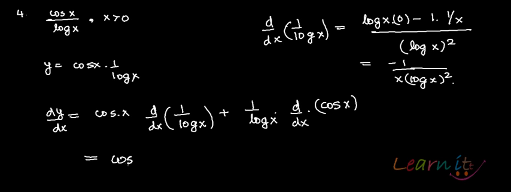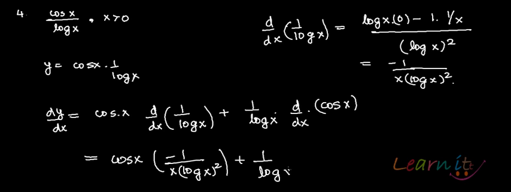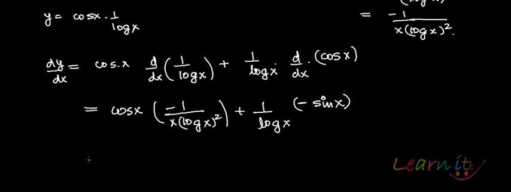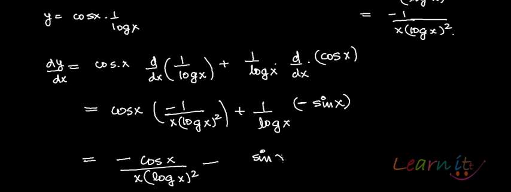So in place of this you can write cos x into minus 1 upon x log x square plus 1 upon log x into minus sin x. Okay, the derivative of cos x is minus sin x, so you can write this as minus cos x upon x log x square minus sin x upon log x.